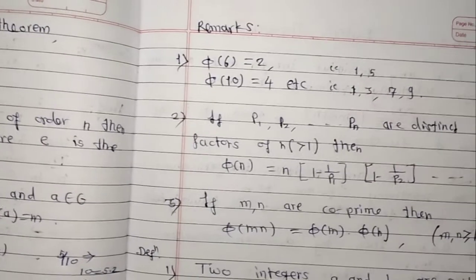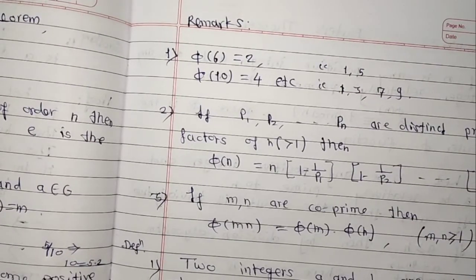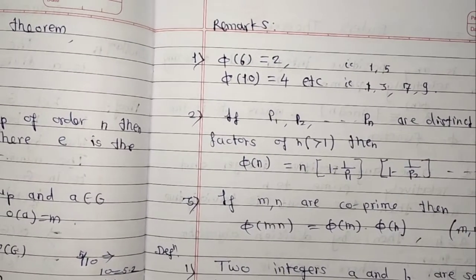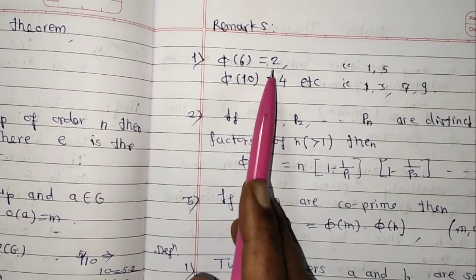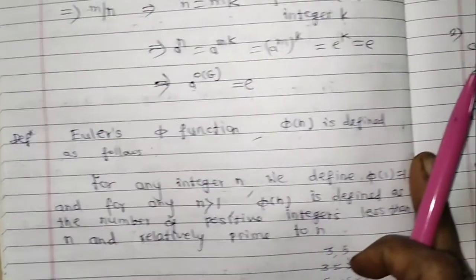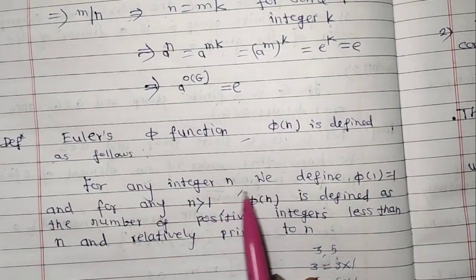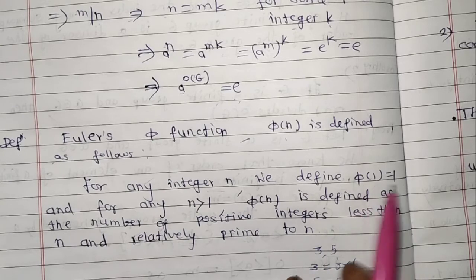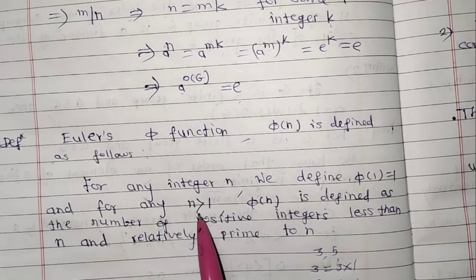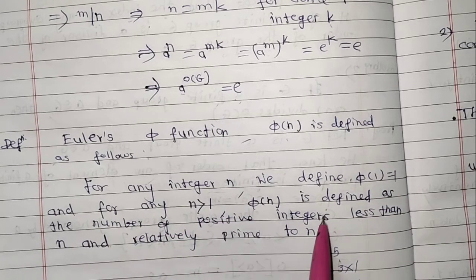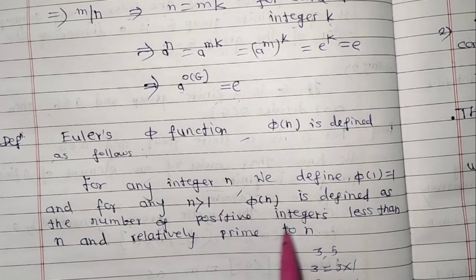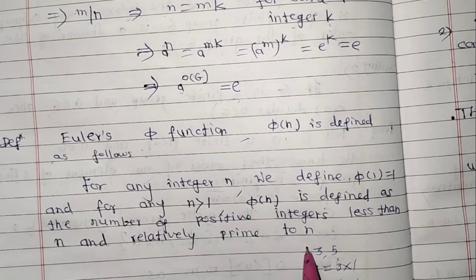Now we consider some remarks. Number 1 remark is phi of 6 equal to 2. We have defined phi function as: for any integer n, phi of 1 equals 1, and for any n greater than 1, phi of n is the number of positive integers less than n and relatively prime to n.